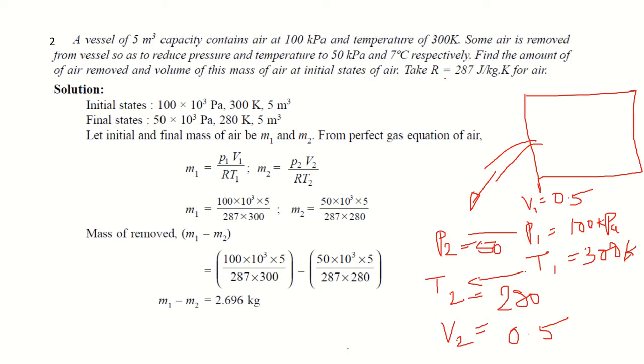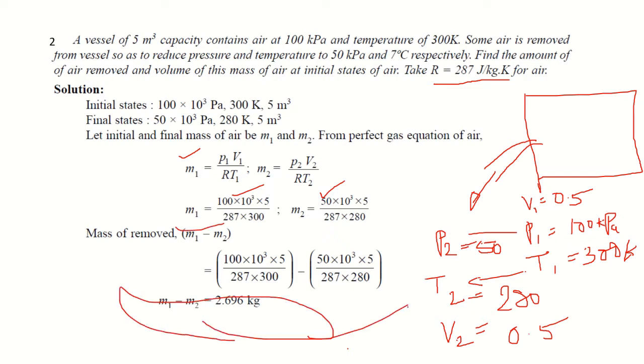Take R is equal to 287 joule per kg K for air given. So M1 is P1 V1 by R T1, M2 is P2 V2 by R T2. M1 you can calculate, M2 you can calculate, difference you find out, it is the amount of air. That's very simple.